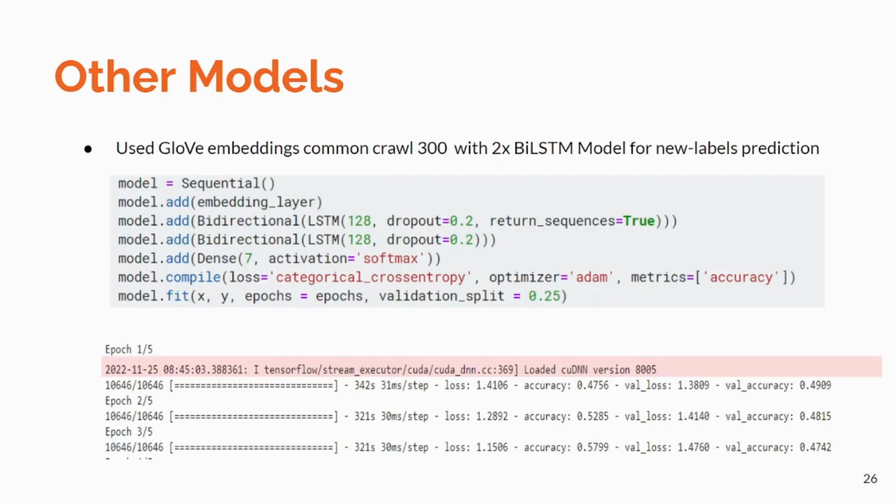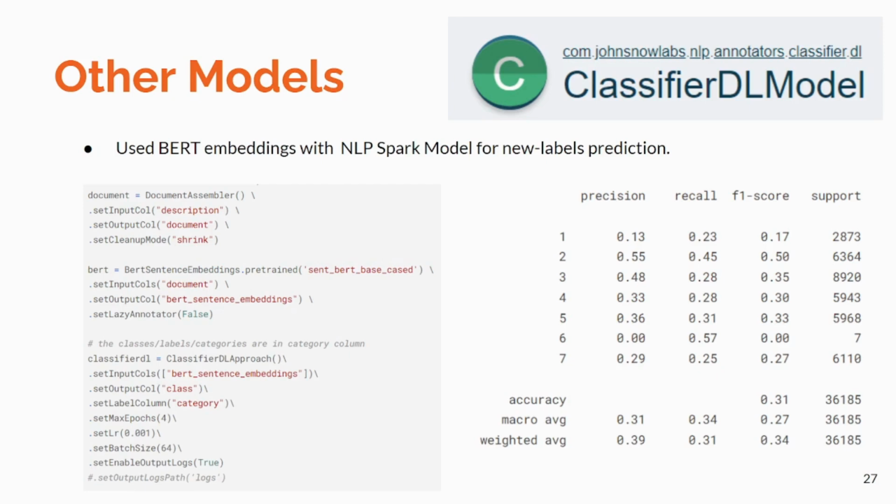First, we tried a two-layer bidirectional LSTM model with dropouts which takes input in GloVe embedding, common called 300 format, and we got 48.15% accuracy. Then we used a universal text multi-classification algorithm of Spark NLP with BERT embeddings and got 31% accuracy.